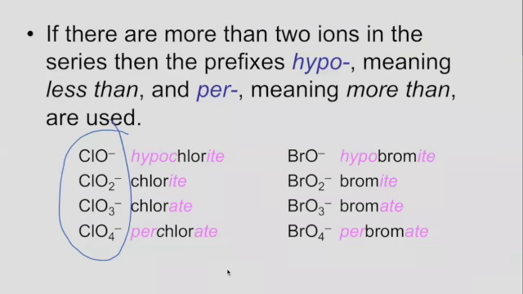Therefore, the one with the very least, not only are you adding the word "ite," you are also adding a prefix: hypochlorite. Then the following becomes chlorite, then chlorate, then perchlorate. So that's why it becomes a little bit difficult if you don't know how many are in that family.